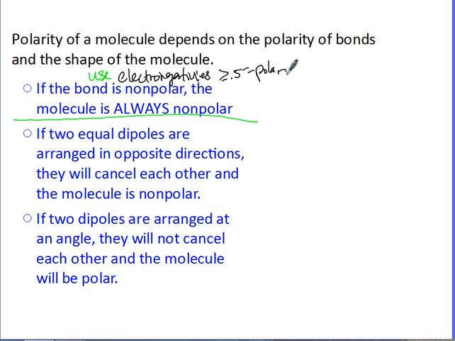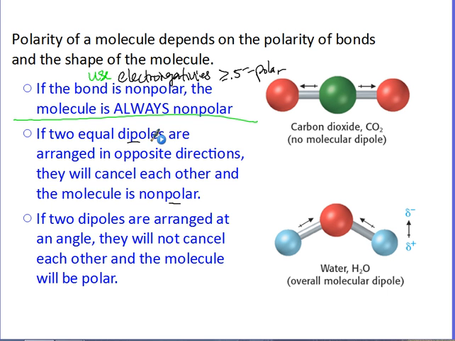Don't go on. Okay. If I find out that I have 2 equal dipoles, meaning charges, and they're in opposite directions, they'll cancel each other out and the molecule will then be nonpolar. So I can have polar bonds with a nonpolar arrangement.